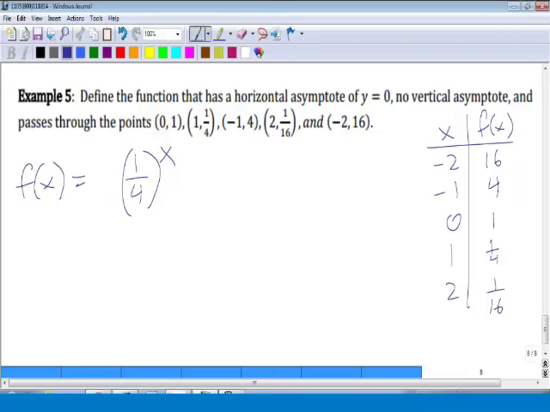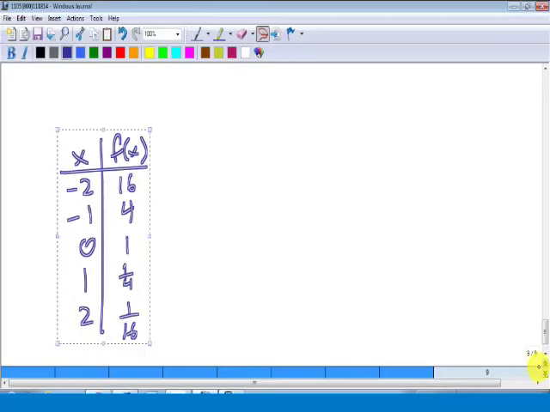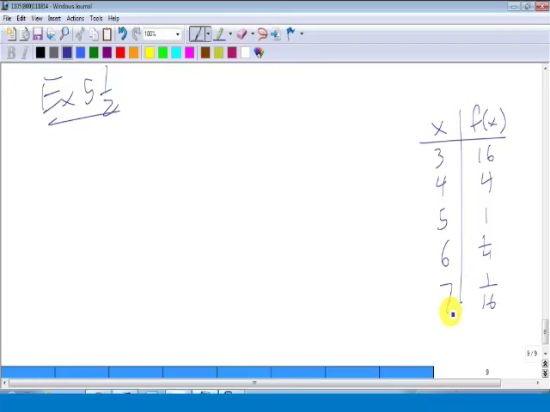So let me do this. Let's call it example 5.5. I'm going to change the x-coordinates and make them look like this. 3, 4, 5, 6, 7.